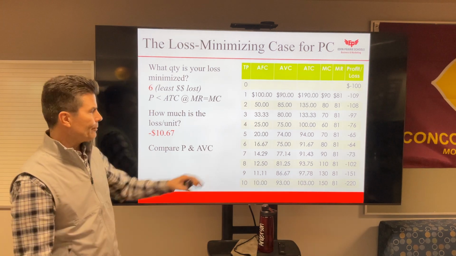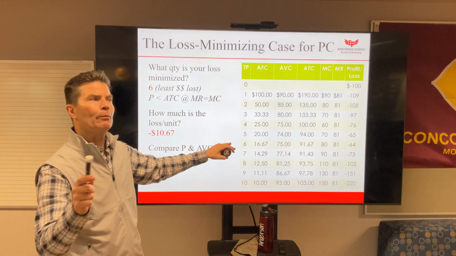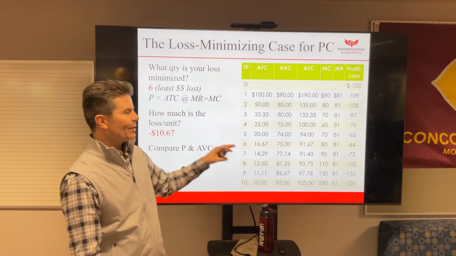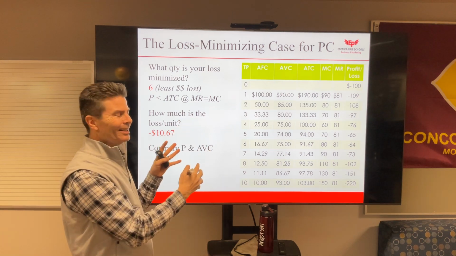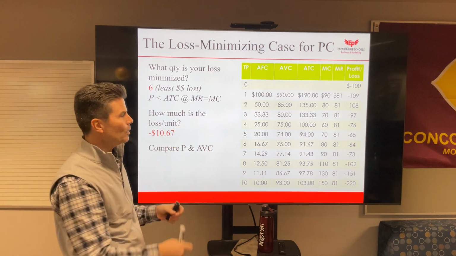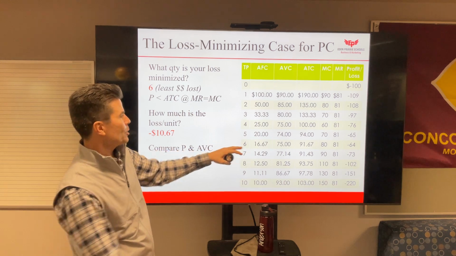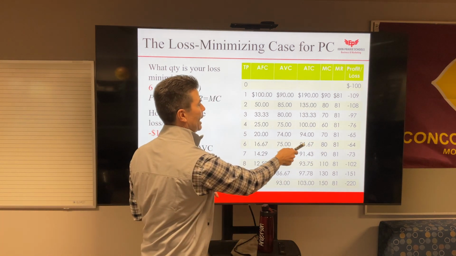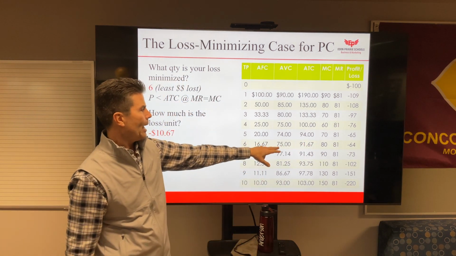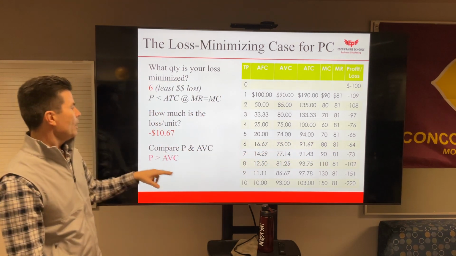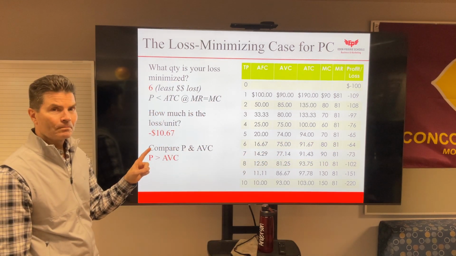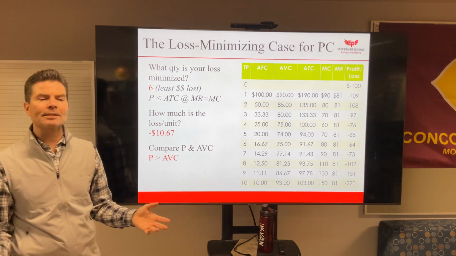So if we compare price and AVC, here's where we get to our point. Looking at this at the quantity of 6, here's why we are going to keep producing. This is probably the hardest one to understand out of these different things, so I spent a little more time on it. When you look at the difference between your price and AVC here at a quantity of 6, my price is more than my AVC. You may think, why does that matter?